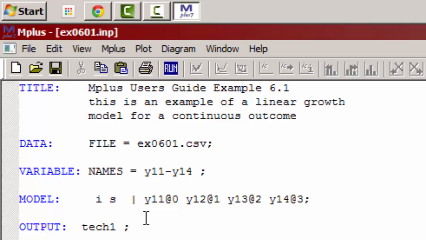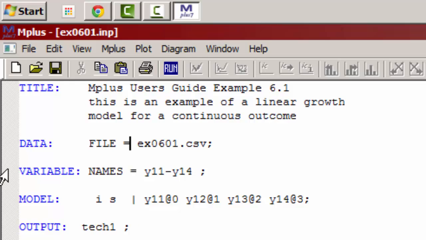Because we don't have any path information here, we know that the file that holds the data, the CSV file, and the input file are in the same folder. Incidentally, we say file equals here. We could say file is, or we could say file are. All will work correctly. That part of grammar Mplus does not care about.